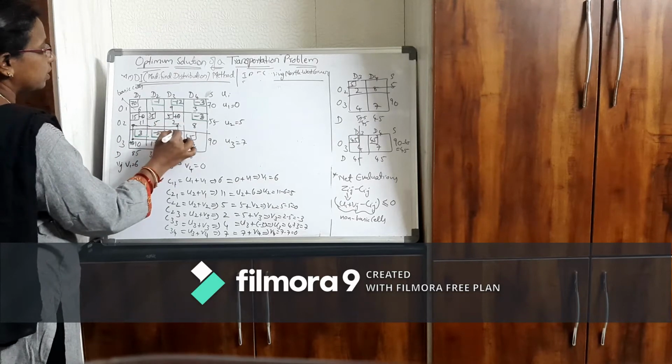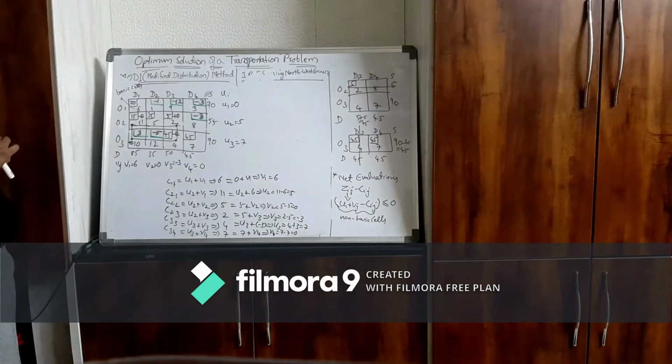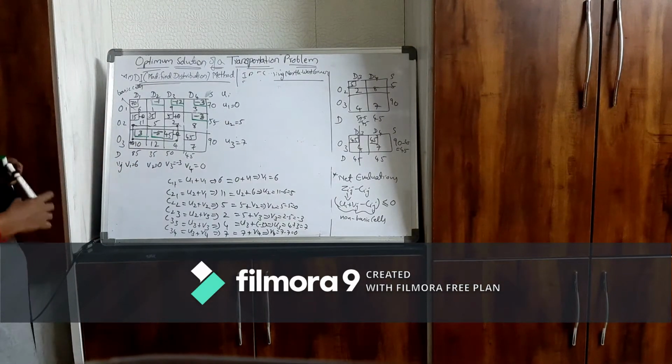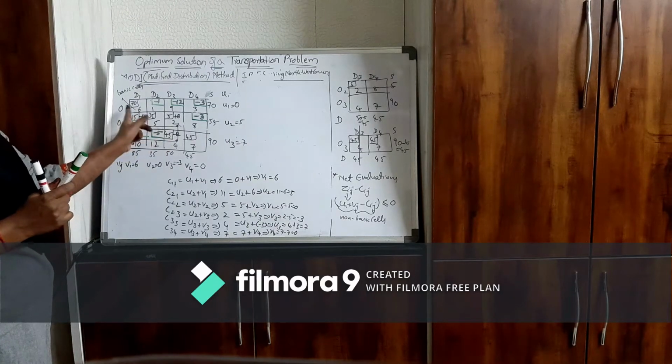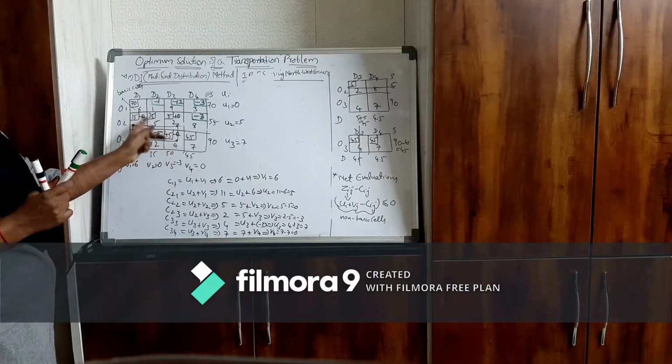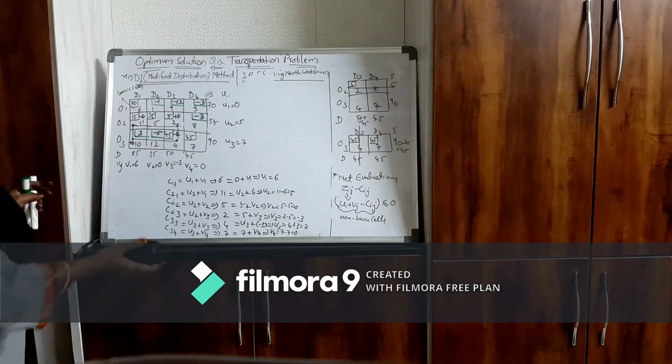I'll write here minus theta. Now see the minus theta allocations and select the minimum of the minus theta allocations.